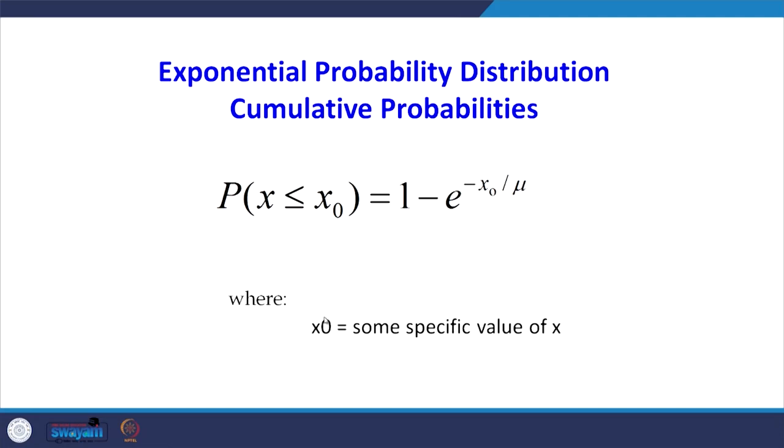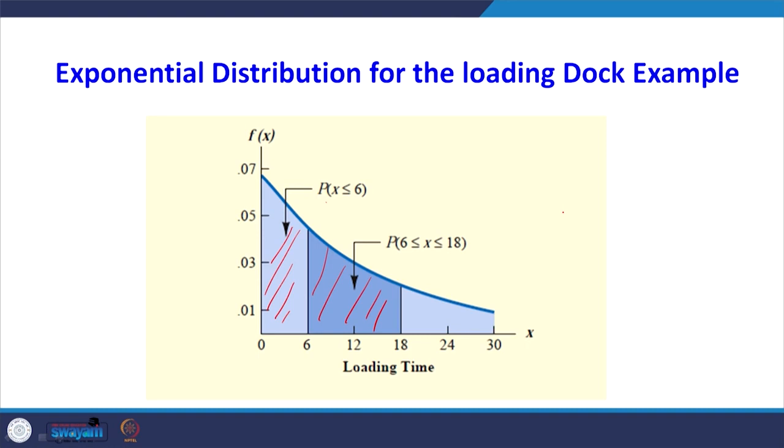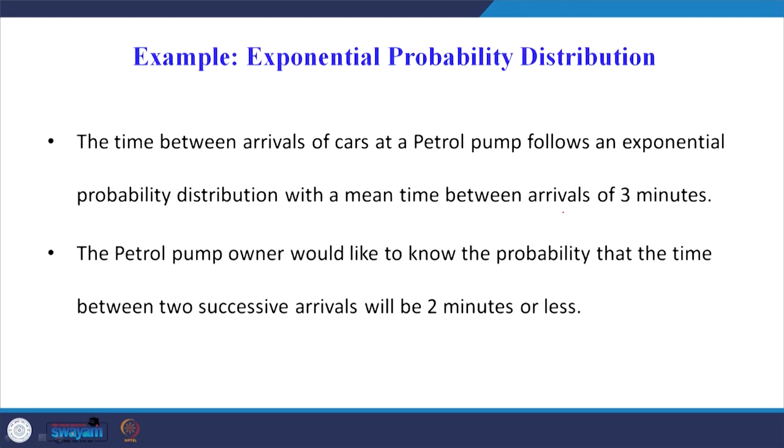So, for an exponential distribution, the formula for finding the cumulative probability density function is 1 minus e to the power minus x naught divided by mu, where x naught is some specific value of x. It is nothing but if you integrate that distribution between the interval, when you simplify it, you will get this answer. Okay. We will see one example of this exponential probability distribution.